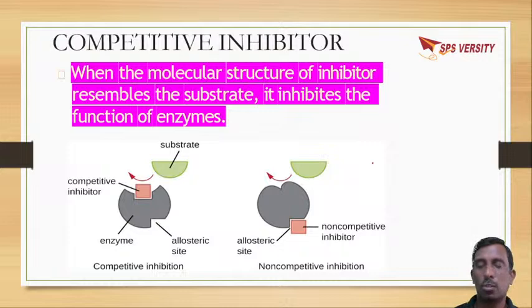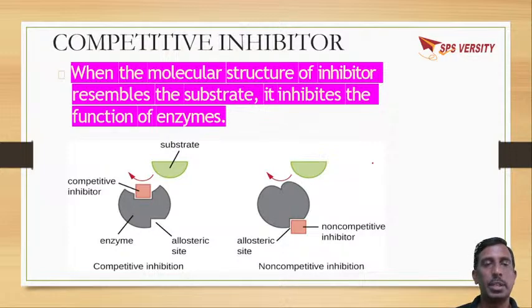The next one is inhibitors, which will inhibit the functioning of the enzyme, decreasing its functioning. There are competitive inhibitors. What is this competitive? Inhibitors and substrates look the same.